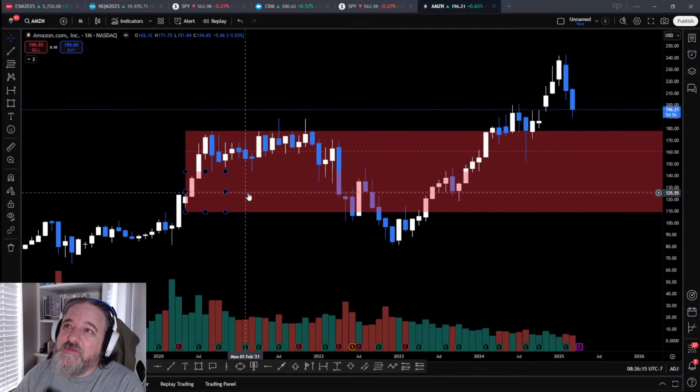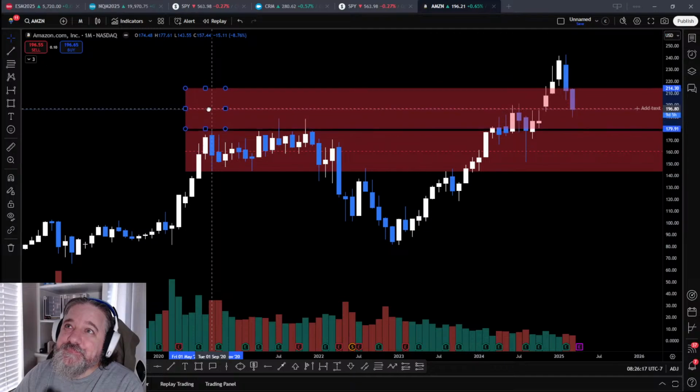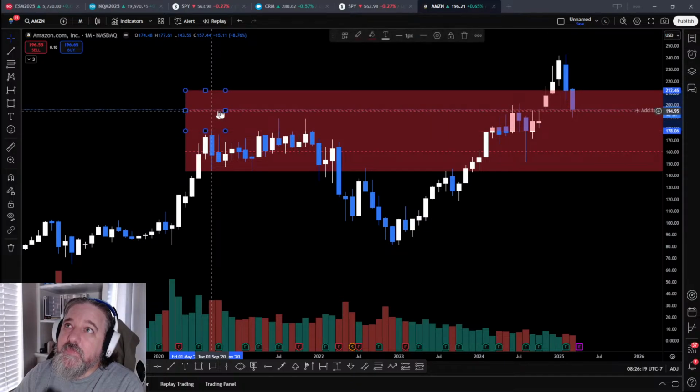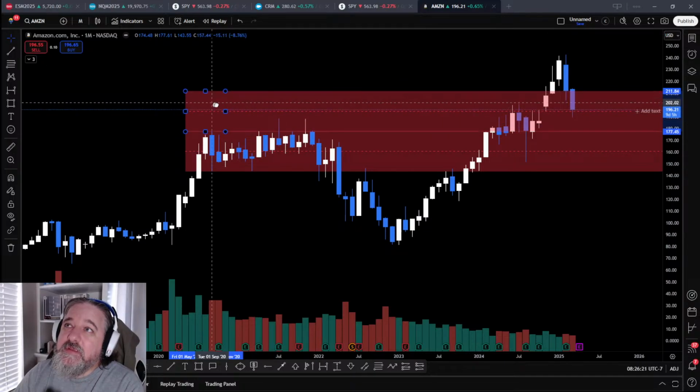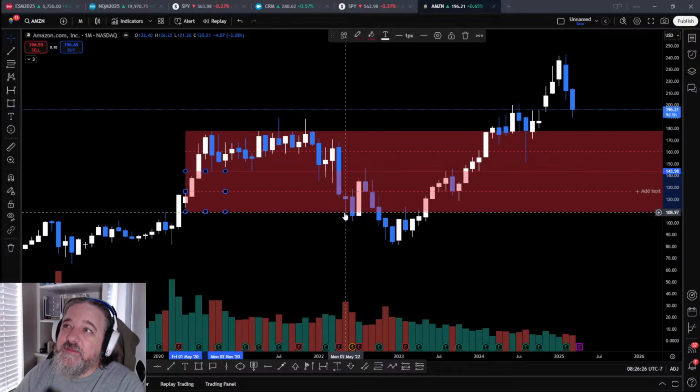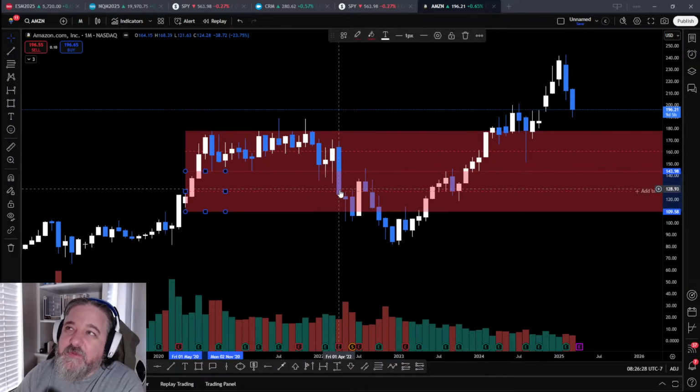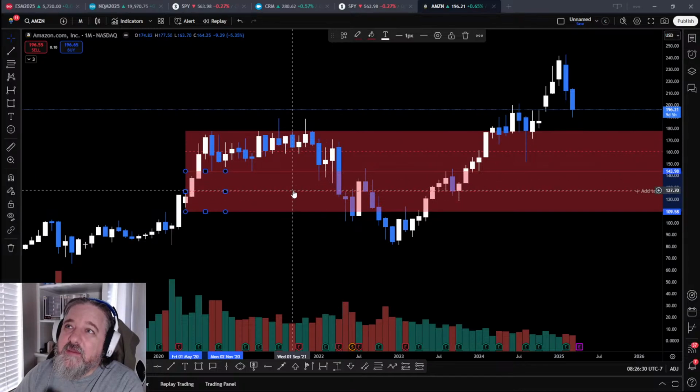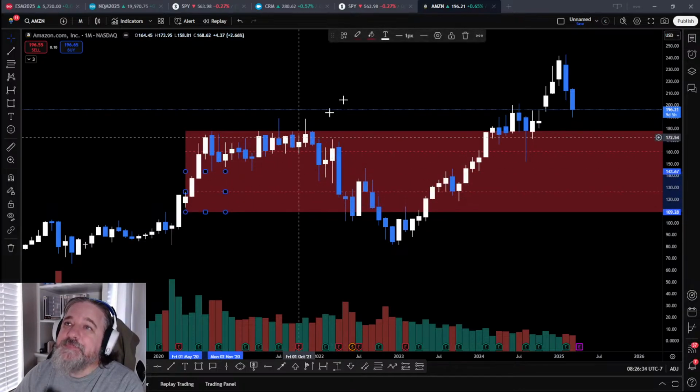So if we broke above, you would expect price to come to the top of this. If we break below, you would expect price to come to the bottom of that box, which is exactly what they did once they finally made the breakout. Right?